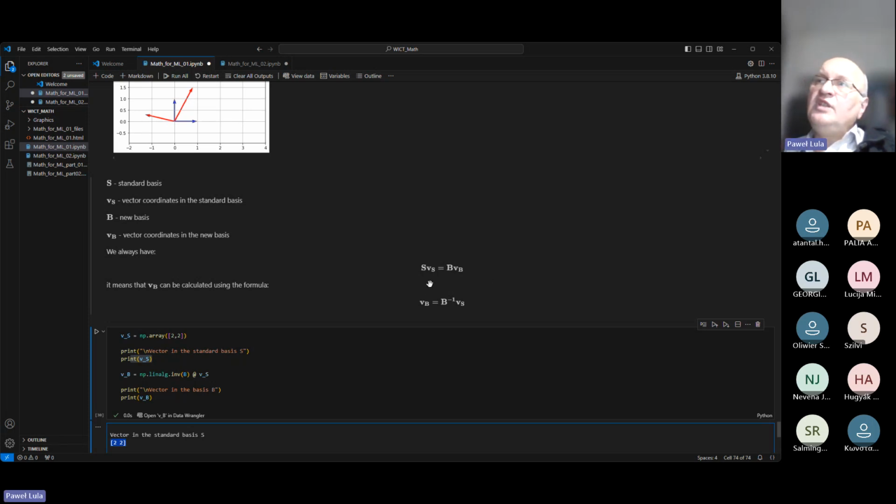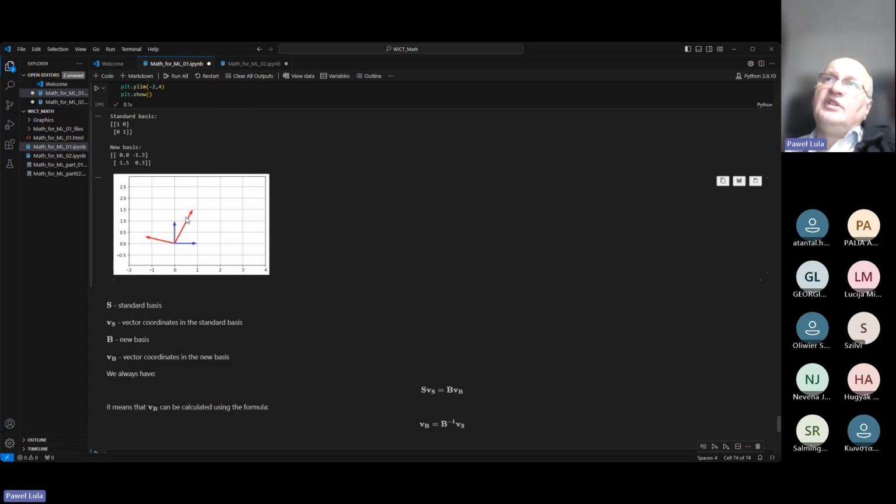So if we know S, it means a standard basis, and this new basis B, we also know it. It is here. So we have this basis, this matrix.